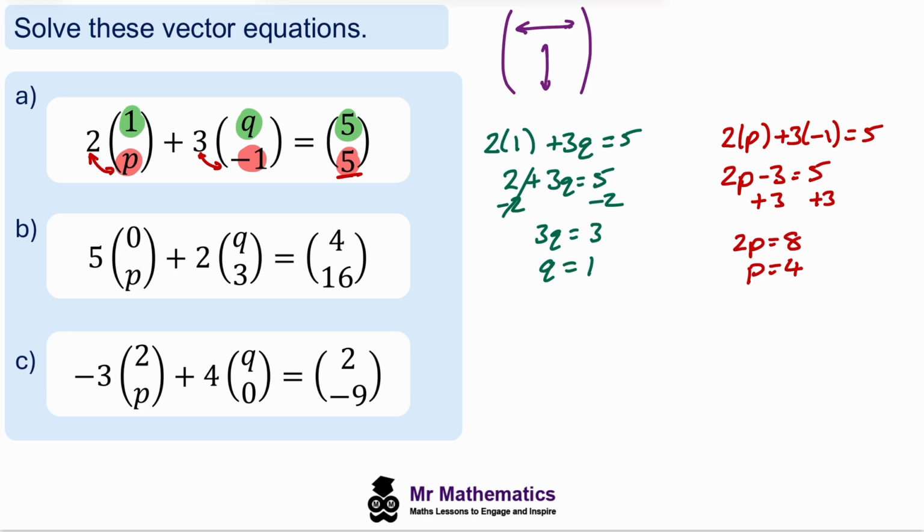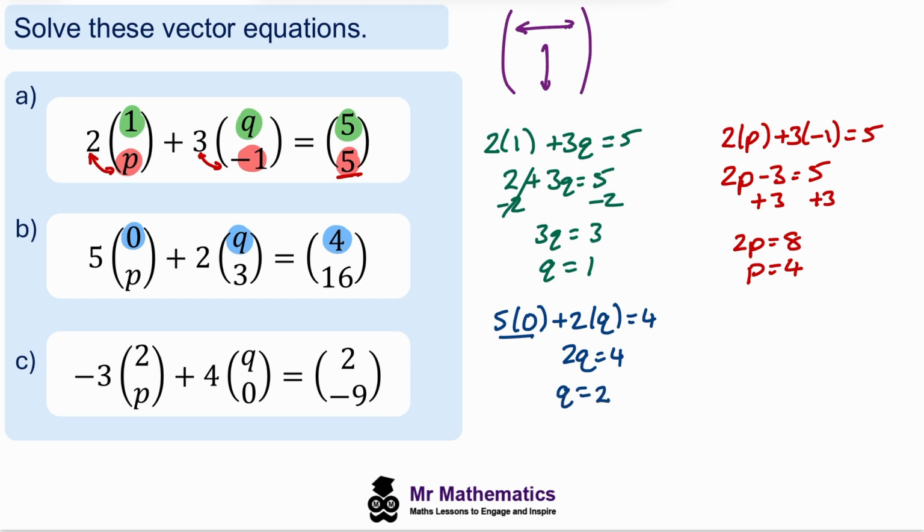Okay, so welcome back if you want to go. So our first equation will come from the horizontal components. This will be 5 lots of 0 plus 2 lots of q, and that will equal 4. Tidying this up, we know this will be 0, so 2q will equal 4, so q must equal 2.